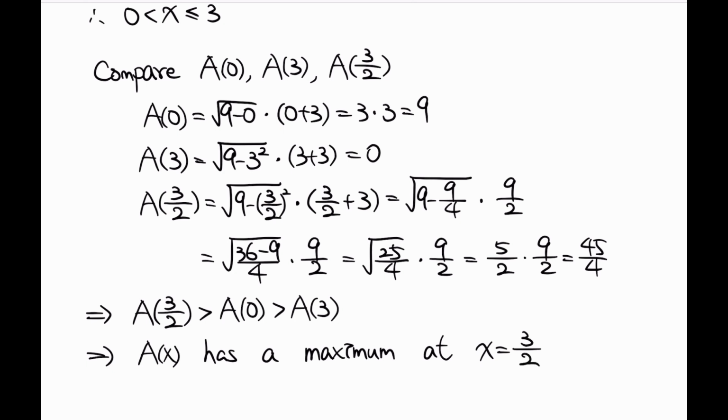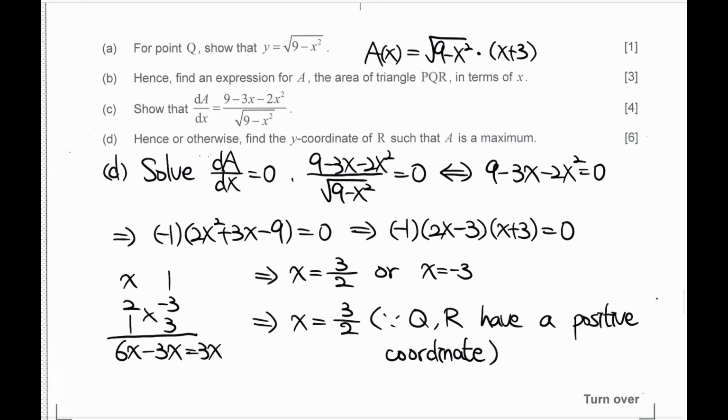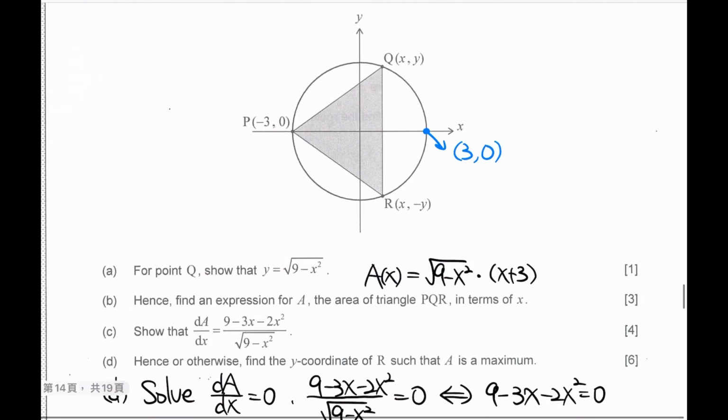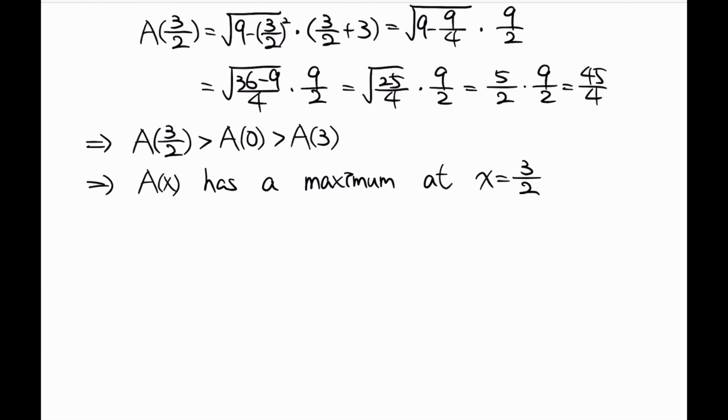Okay, but now we want to find the y-coordinate of R. The y-coordinate of R is negative y, and from part A, we know that y is equal to the square root of 9 minus x squared.